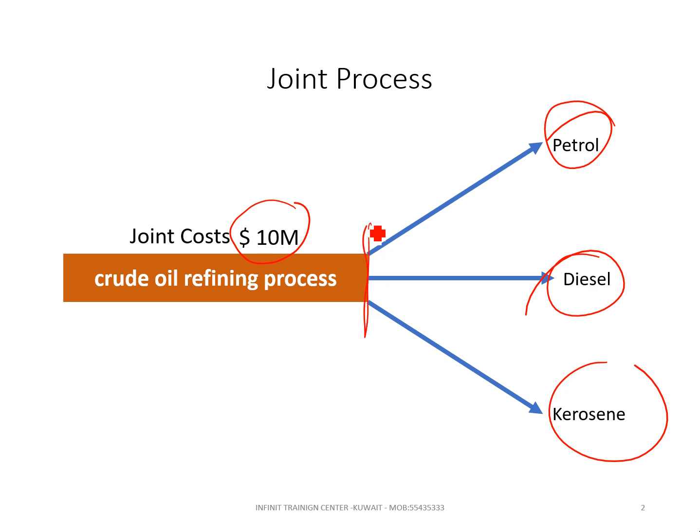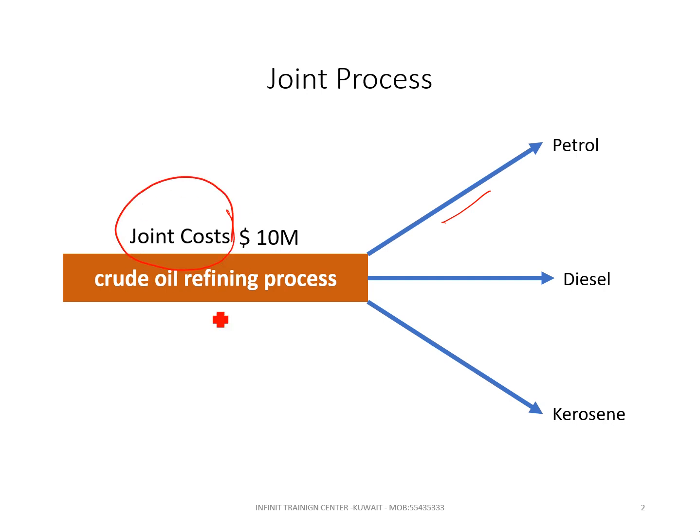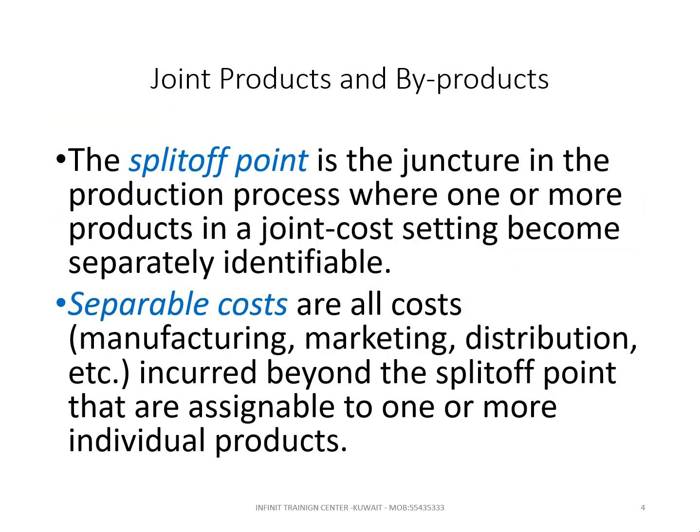Whatever cost is incurred before the split off point is the joint cost, and that needs to be allocated to multiple products. The cost incurred after the split off point we call further processing cost, which is individually incurred for each product. So the total cost of petrol, for example, is the further processing cost of petrol plus some cost from the joint cost. Two costs you have to add to get the total cost of petrol.